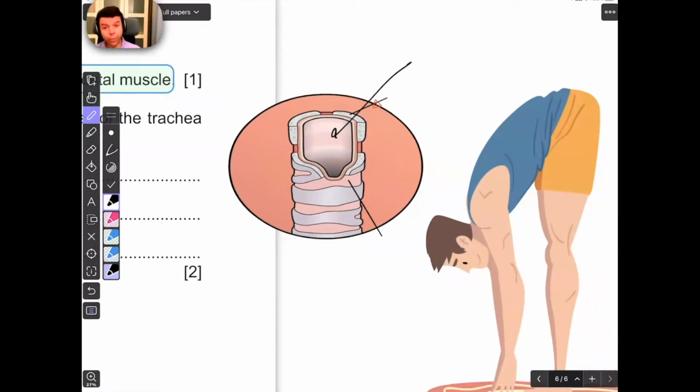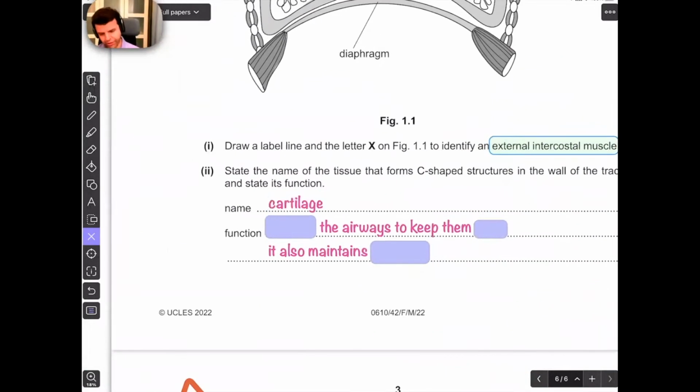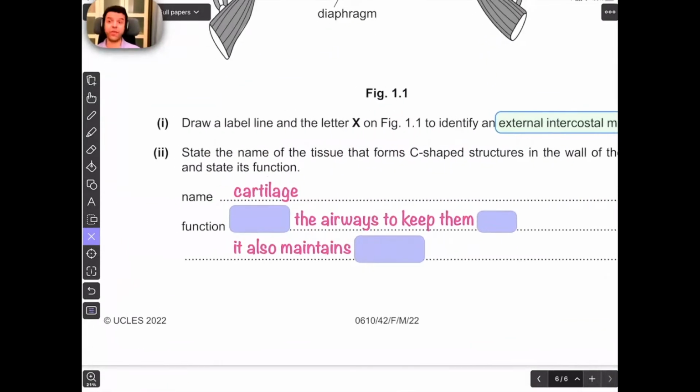It allows support and flexibility, so it keeps the trachea open. Plus, if you're swallowing and bending, the trachea won't break because it's quite flexible. So we write the name, cartilage, and then we state their function: provide support, keep them open, prevent them from collapsing, and maintain flexibility. All right.